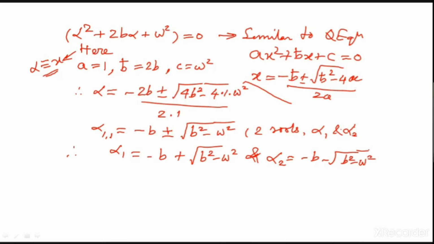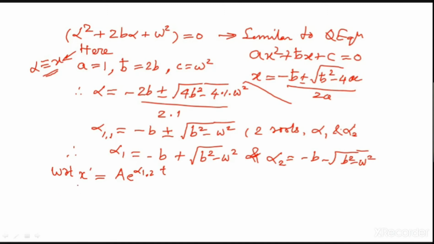Therefore, I can write with respect to x, what is that x? x was some constant a to the power alpha 1 comma 2 into t. Okay.